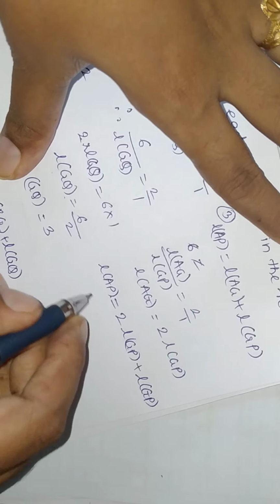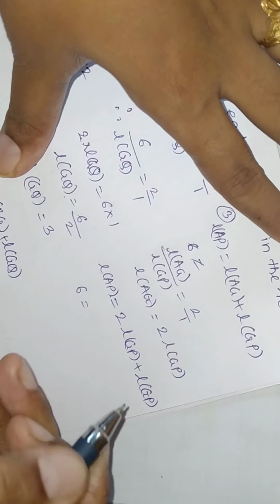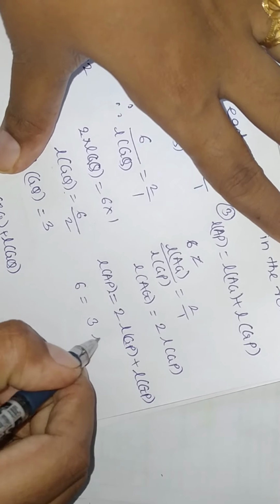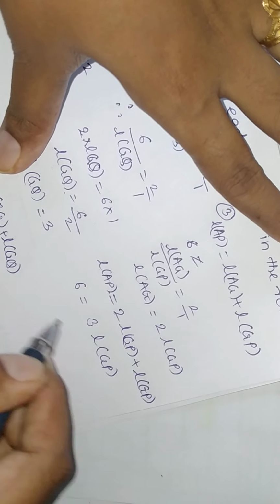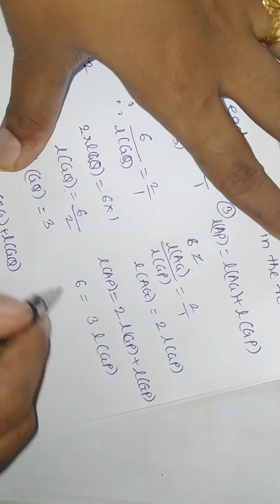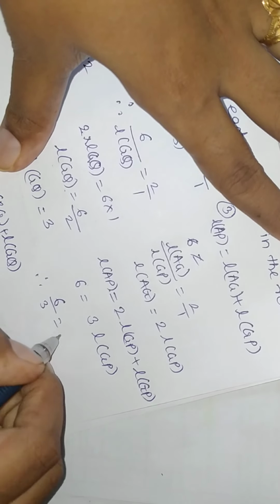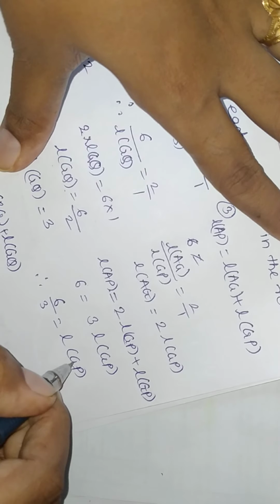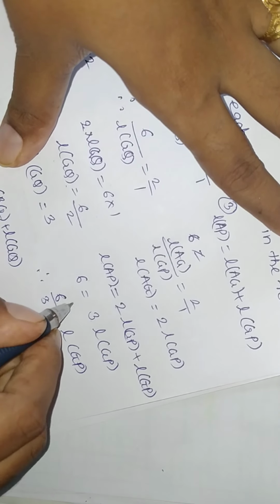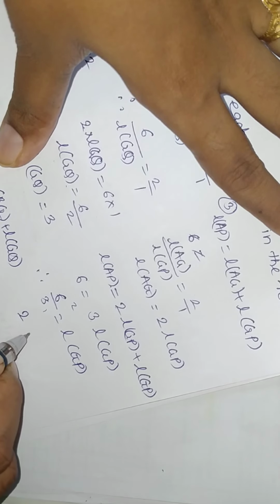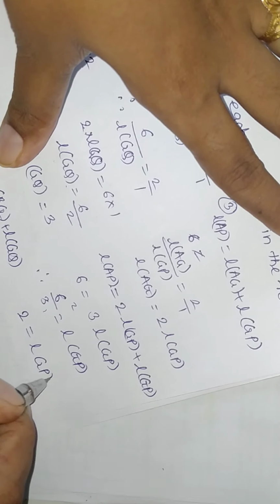Now length of AP is given 6. 2 length of GP plus 1 length of GP, thrice length of GP. Now this 3 will go for division. It is equal to length of GP. So 3 1s are 3 and 3 2s are 6. So 2 we got as length of GP.